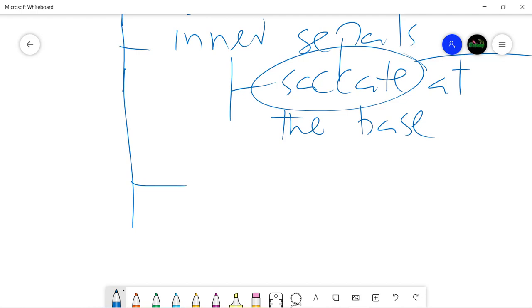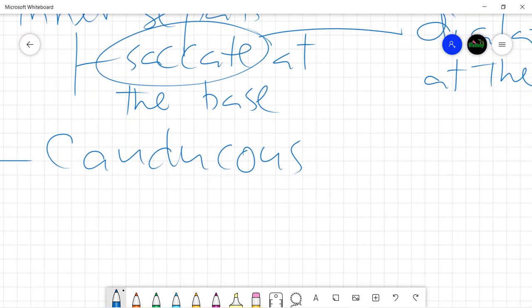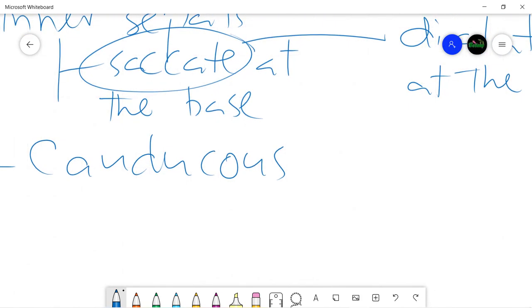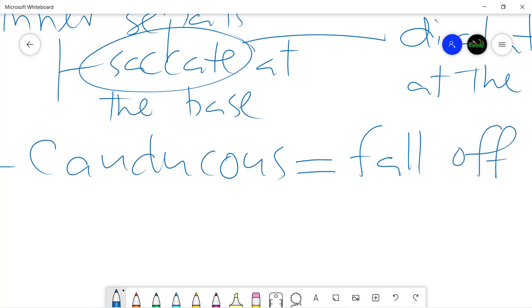And as far as their duration is concerned, that is, how long the sepals live, we have caducous. Caducous is the floral part or the plant part which dies away or falls off very early.